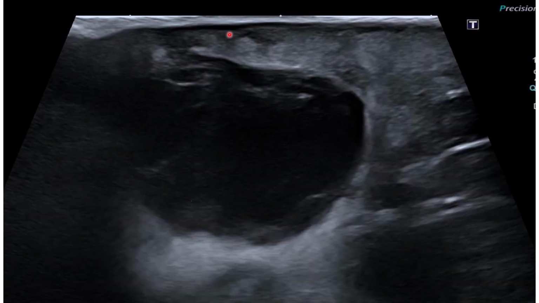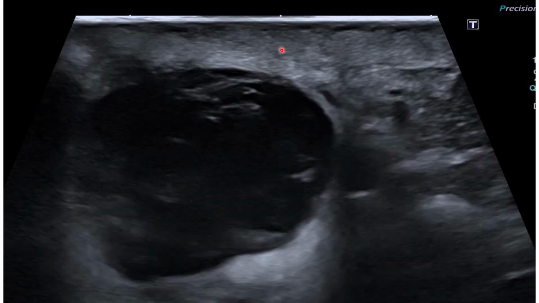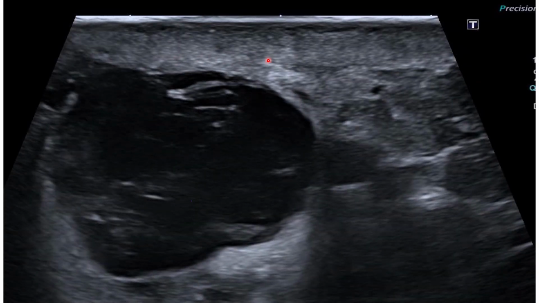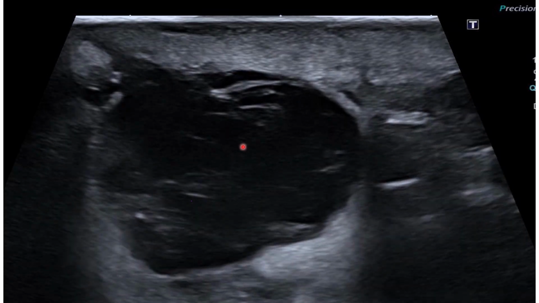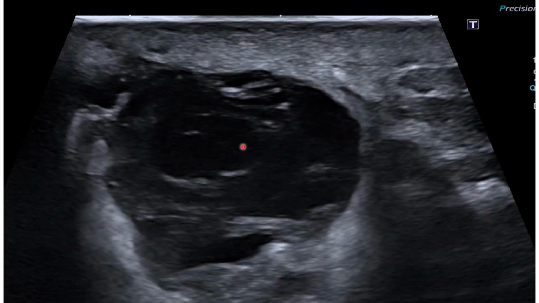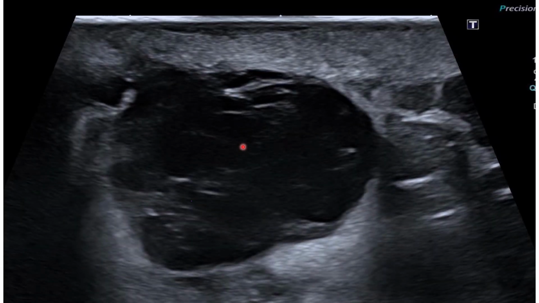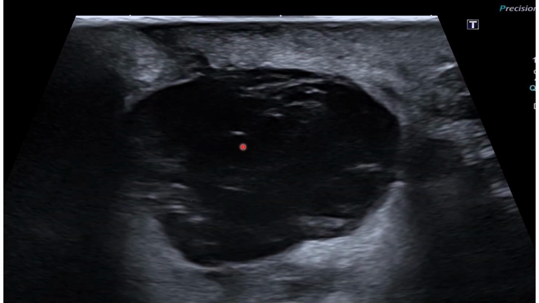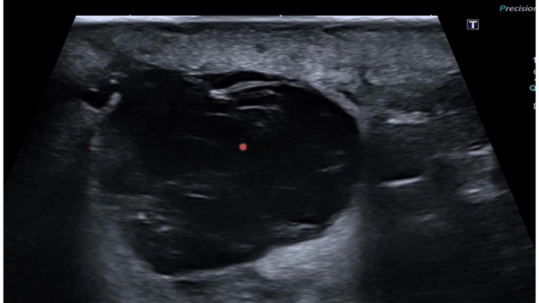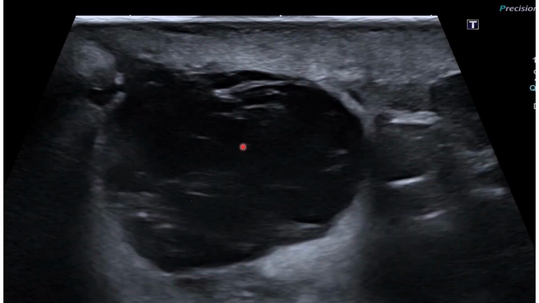Because there's no edema and no hypervascularity on the peripheries, the best differential is a post-operative hematoma that has collected there.